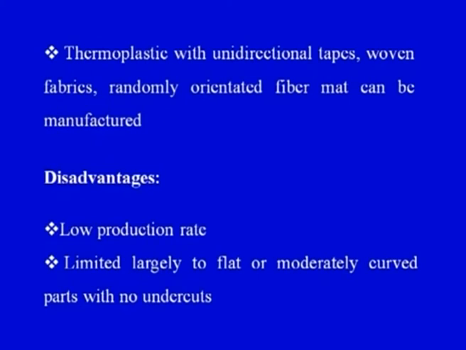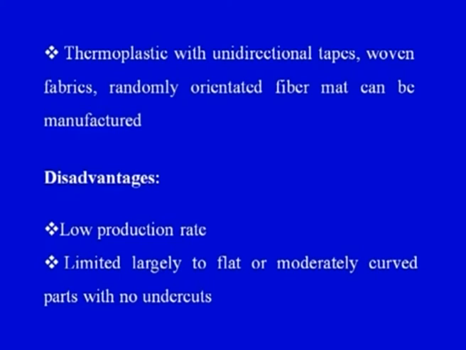Now let us see what the important disadvantages of the compression molding process are. The production rates are not very high, because we have to allow certain cooling time for the proper formation of the products, and discrete products are made one after the other. So we have to see what the cycle time is for making a single product.